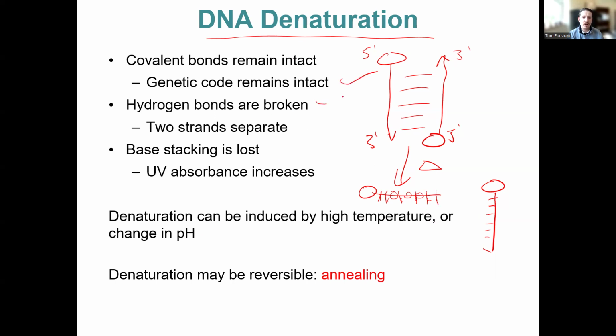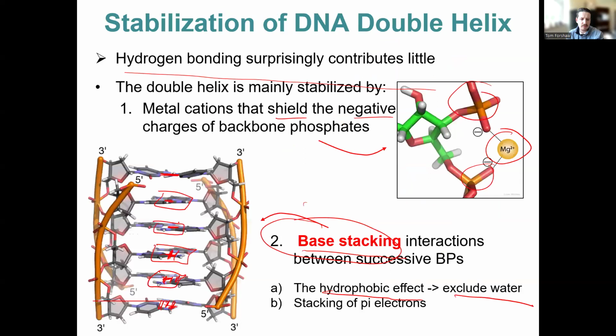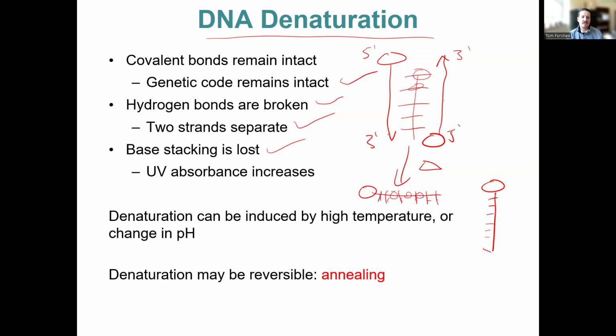The hydrogen bonds are broken, so the two strands separate, and the base stacking is lost. Remember that major effect that holds them together, the base stacking I brought up here. Where the bases overlap, that is lost.